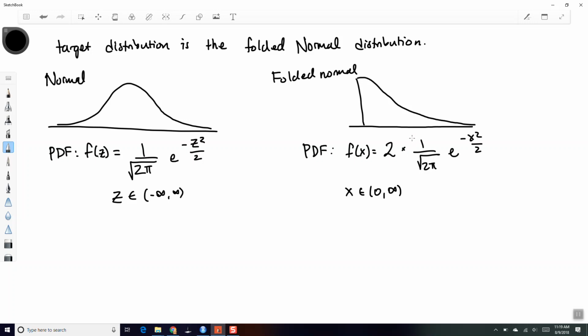All right, so in this case, can we use a uniform proposal distribution?